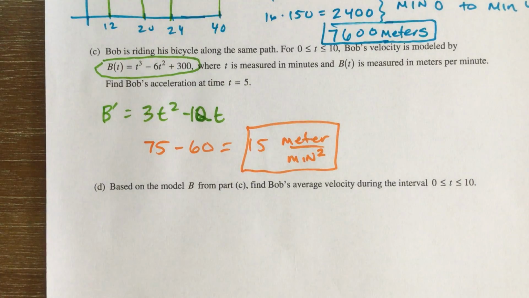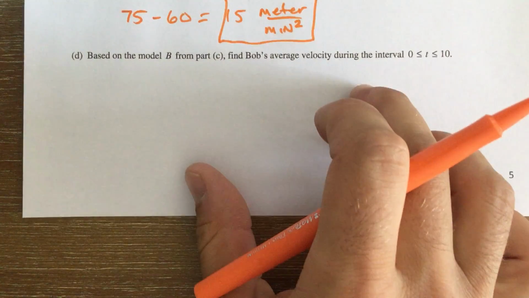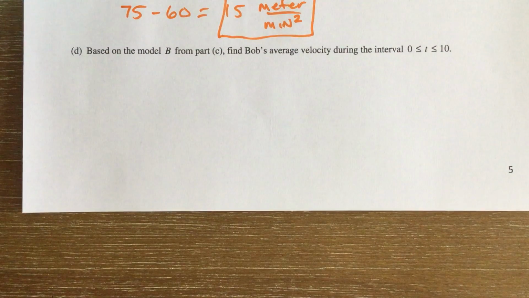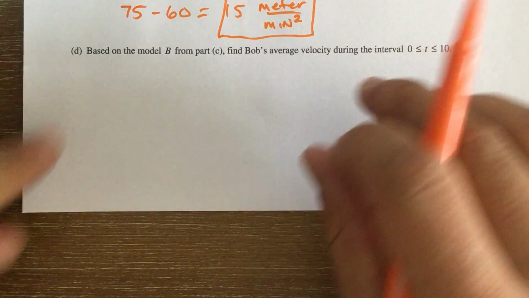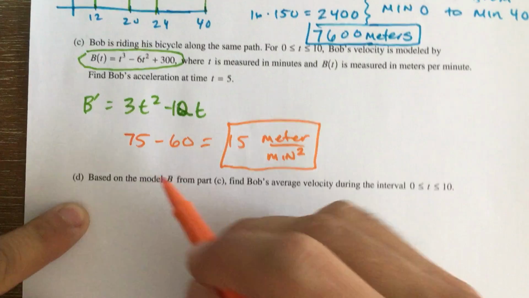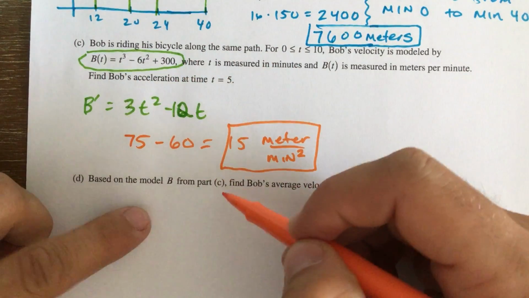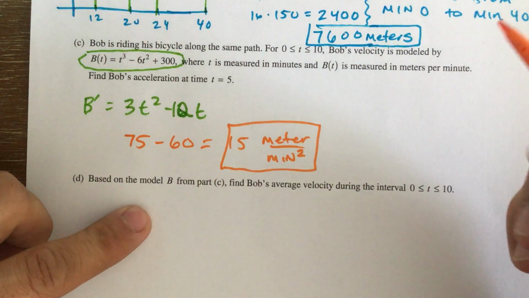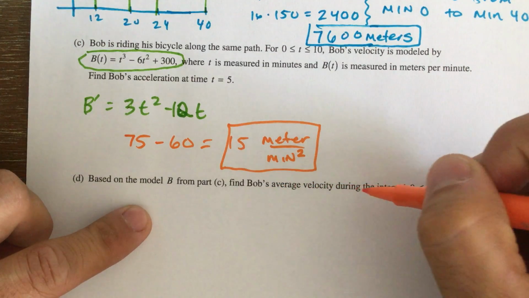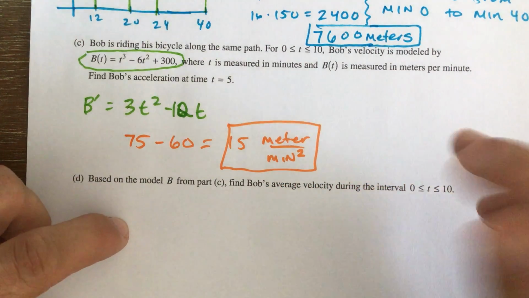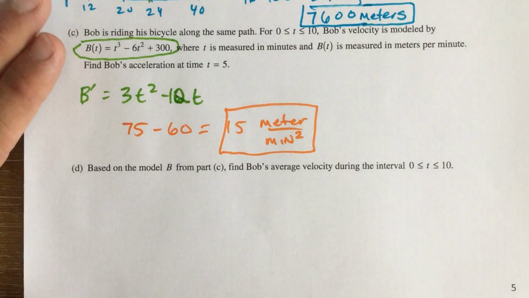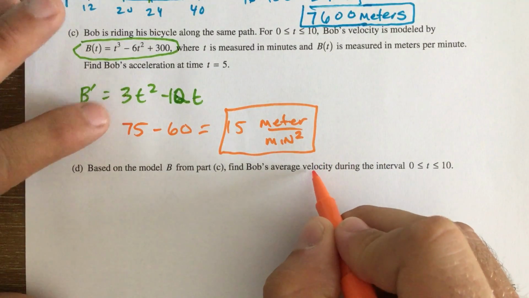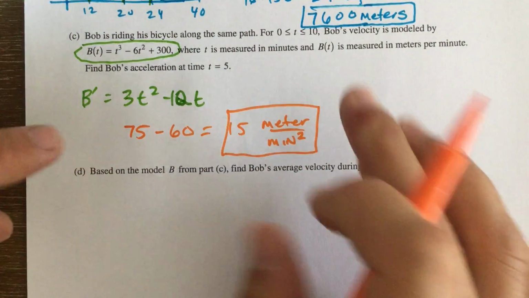Okay. And last part. Based on the model B from part C, find Bob's average velocity during the interval from 0 to 10. Okay, so average velocity. This time I'm not just going to plug in the endpoints like it said before.